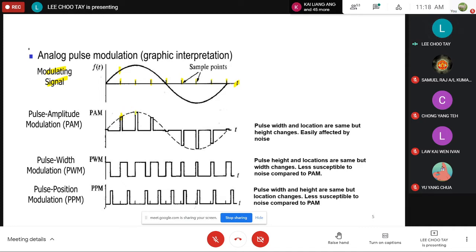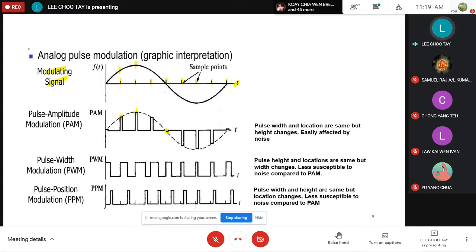At the second instant of sampling, when the amplitude of the modulating signal is high, the pulse amplitude is high. And at this instant of sampling, the message amplitude is very small or nearly zero, so you can see the pulse amplitude is small as well.